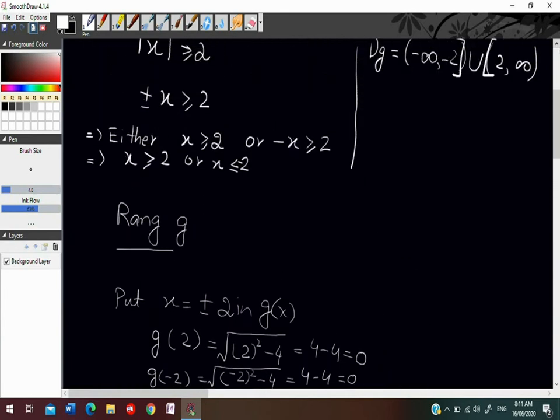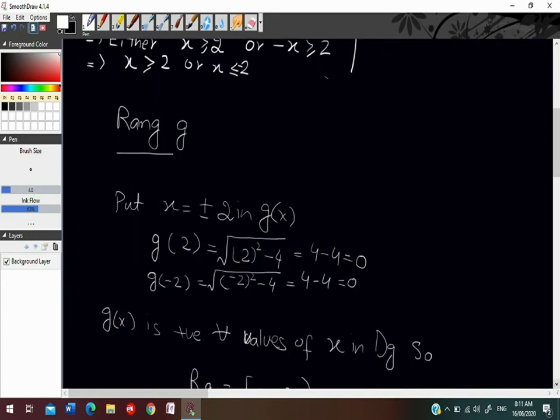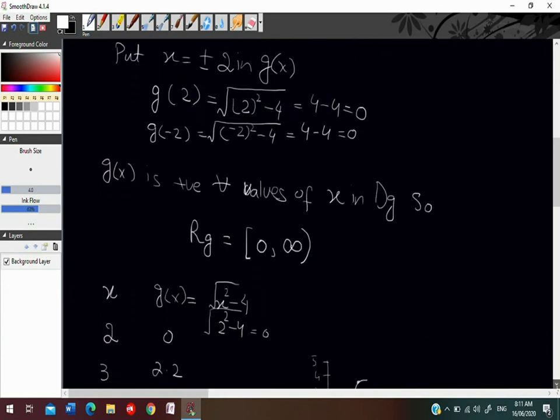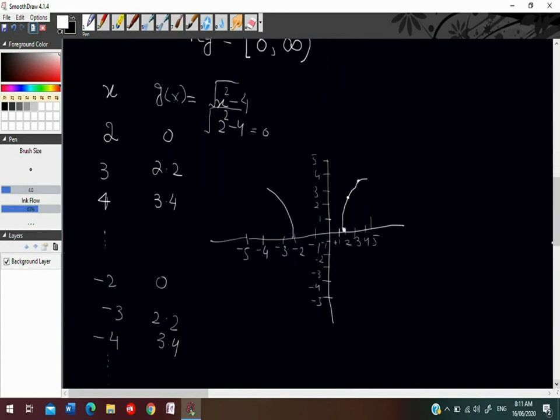Some points are excluded from our domain: -1, 0 and 1. So that's why, when we plot the graph of this function, there is a discontinuation between its points.